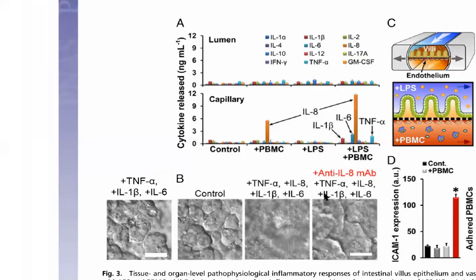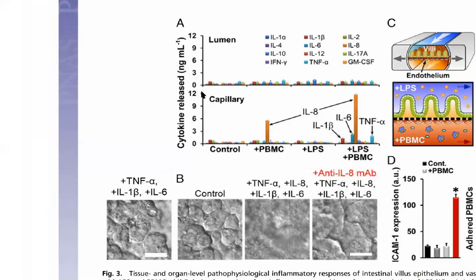And then another key hallmark of the inflammation disease is the production and secretion of the inflammatory cytokines. So they tested a group of very common cytokines. In the lumen side, meaning the upper level, these 12 common cytokines didn't have any change.